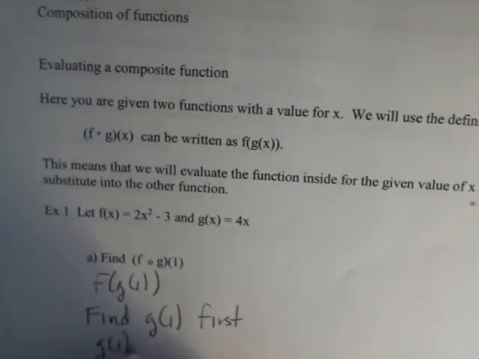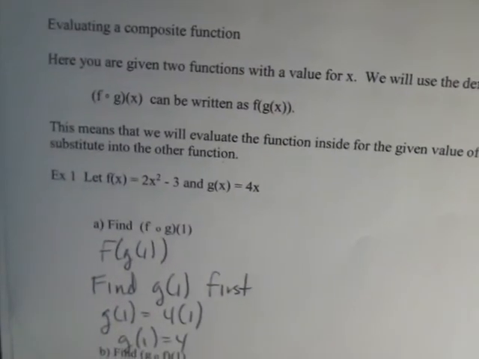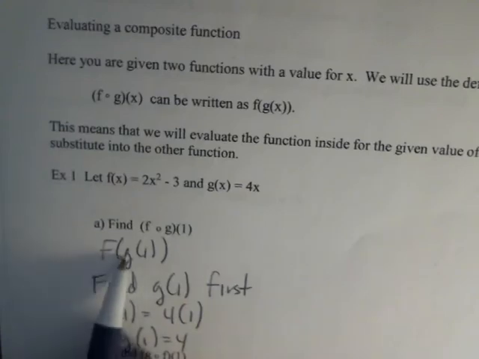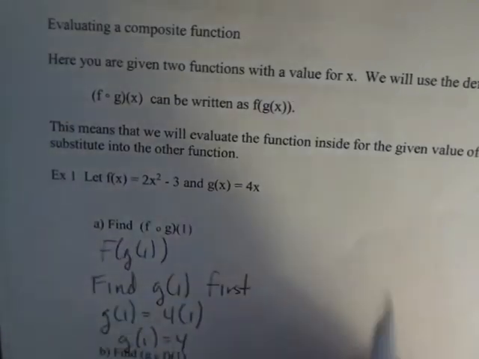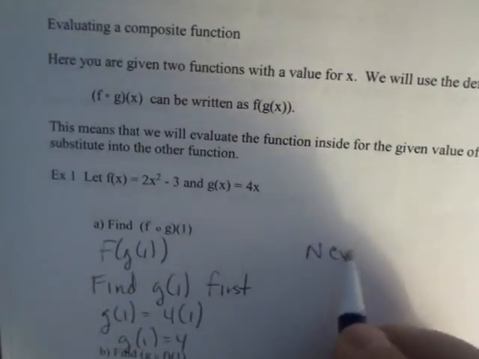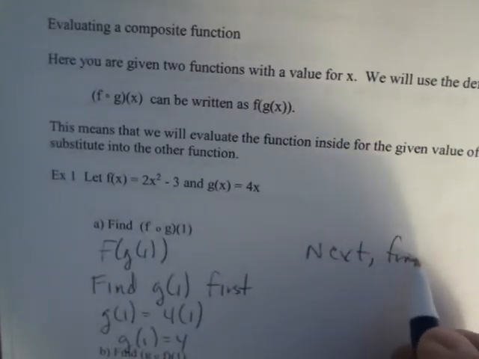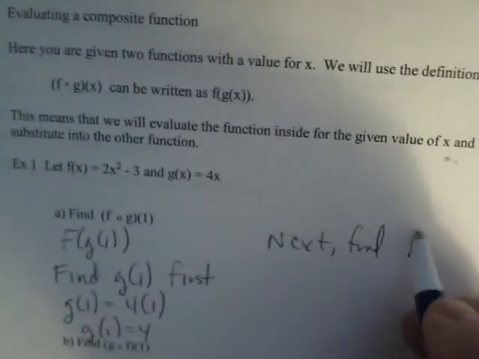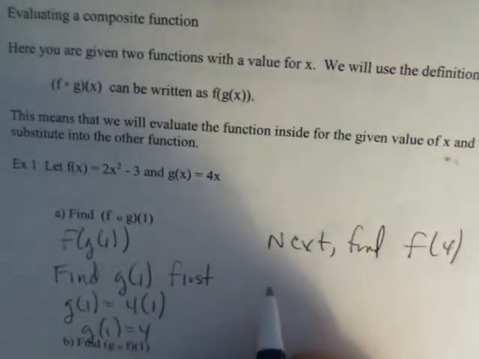So g of 1 is 4 times 1, so g of 1 is 4. Next, find f of 4.